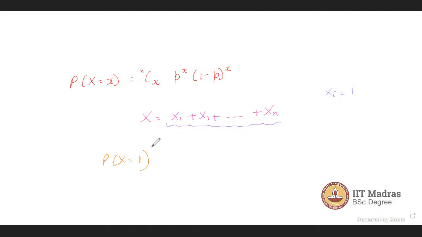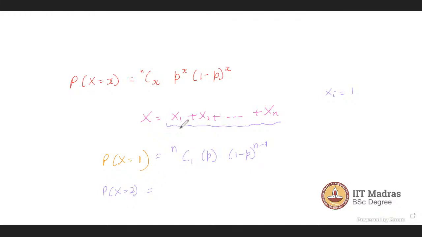My x will take the value 1. So any one of these positions, I can choose in nC1 ways. I should get success at that position, and in the remaining n minus 1 positions, I should get the failure. Similarly, for x equals 2, it means I should get 2 successes in the n trials.